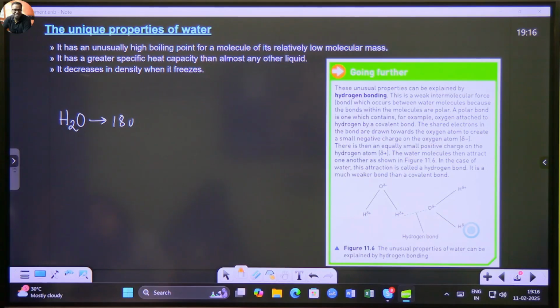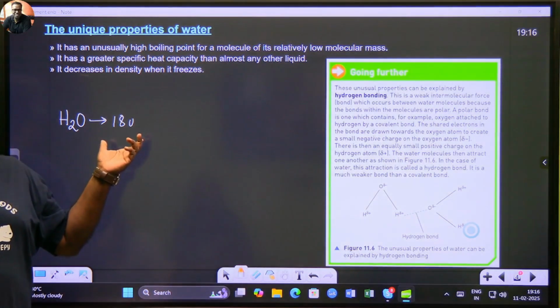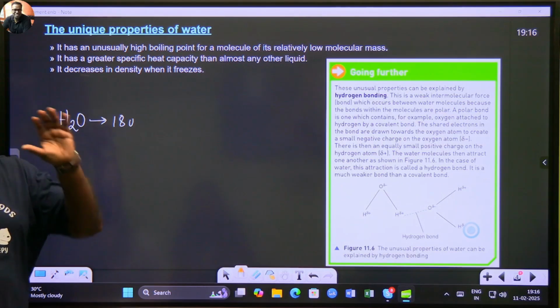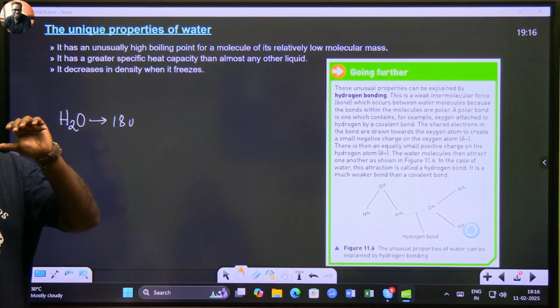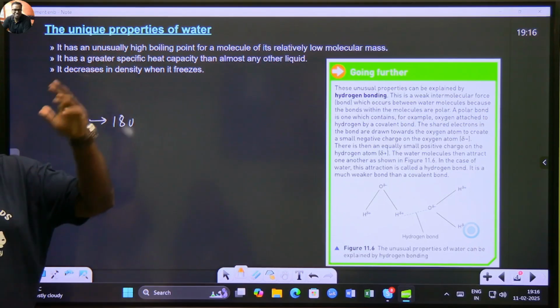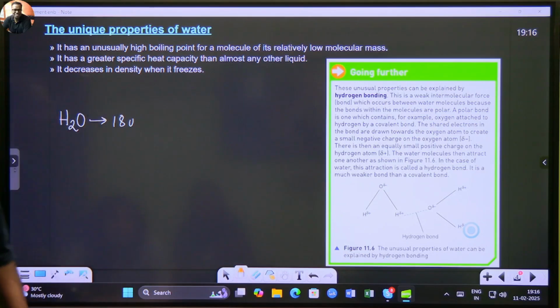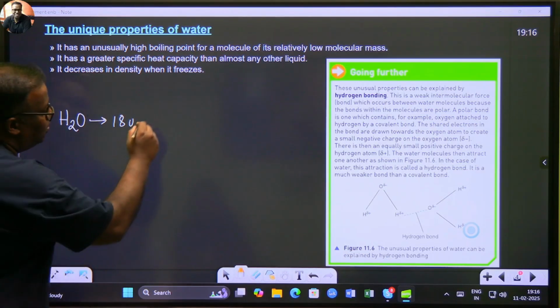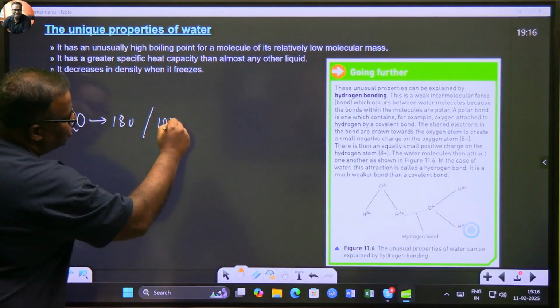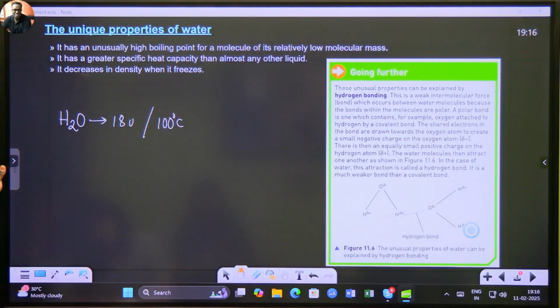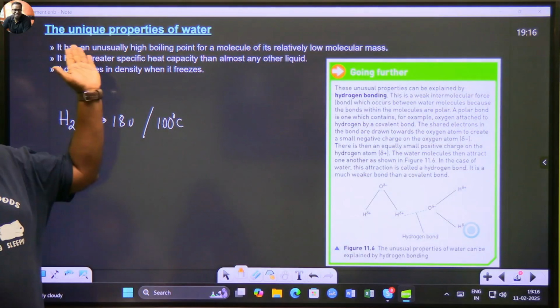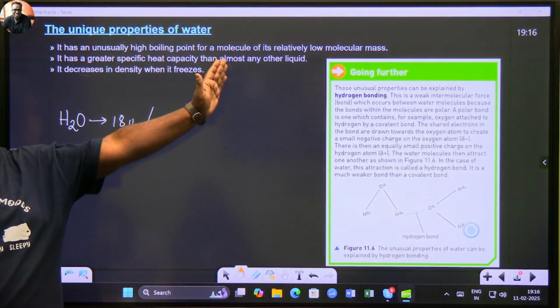For a compound to have 18 atomic mass unit means this is a relatively very light compound. If you compare it with, say, sulfuric acid and other things which are 98, calcium carbonate is at 100. This is a very light compound, but it shows a boiling point of 100 degrees centigrade. Quite unusual. So we are talking about unusual properties.